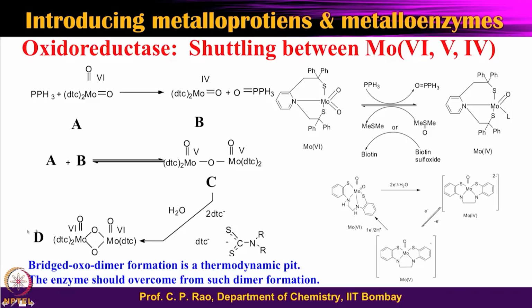Once it forms mu oxo dimolybdenum 5 or mu dioxo dimolybdenum dimer, both of these are dangerous. So, the protein will bind to this and prevent the formation of such a dimer, either the monobridge dimer or the dibridge dimer. That is the beauty of the enzyme.